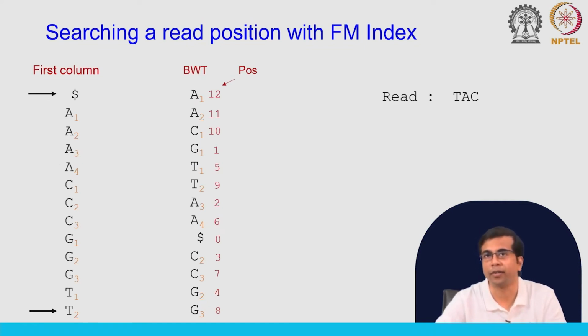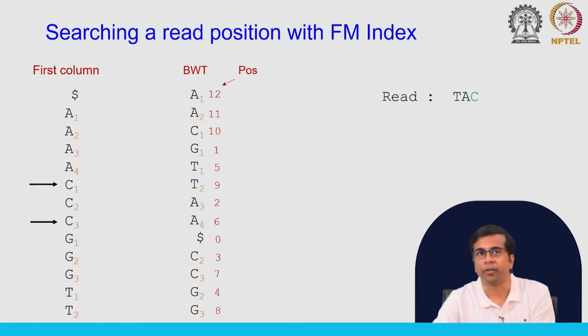As I have mentioned, we start with C here. In the initial state, these 2 arrows are the pointers, pointing to the first row and the last row. They are taking the full data, all the rows. The purpose of the next step is to narrow down.